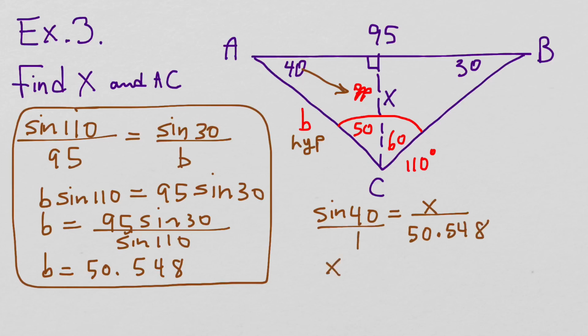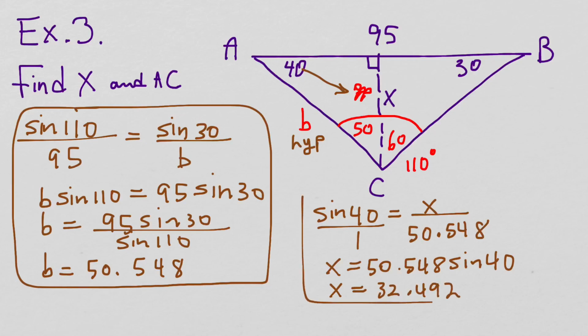So we have x is equal to 50.548 sine of 40, which comes out to be 32.492. All right, so that's your x side, which is one of the things we wanted.